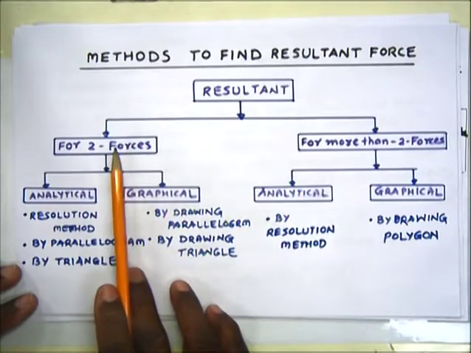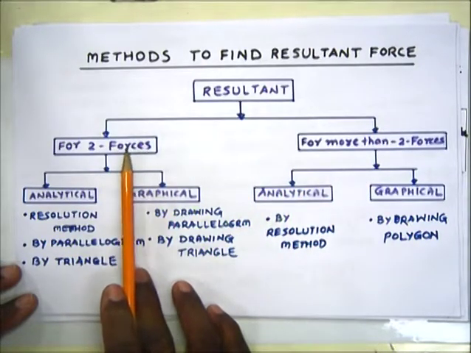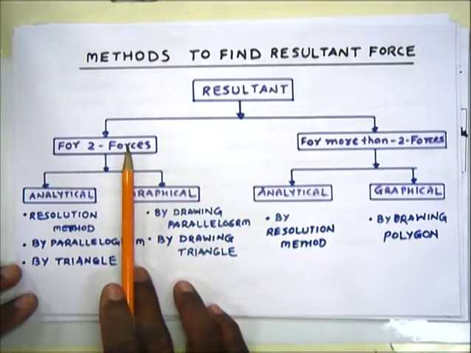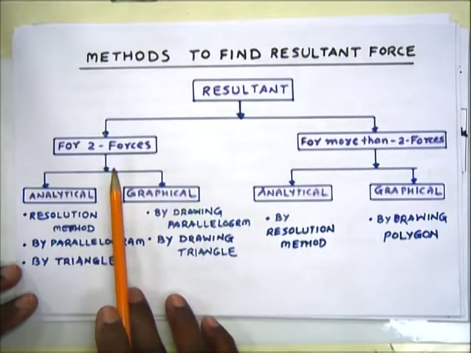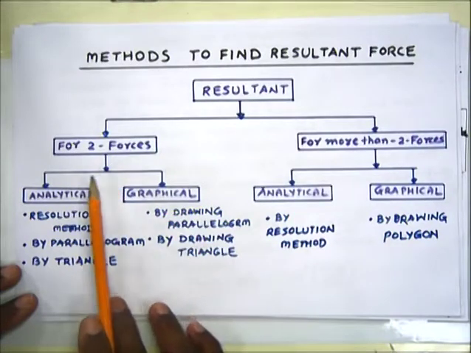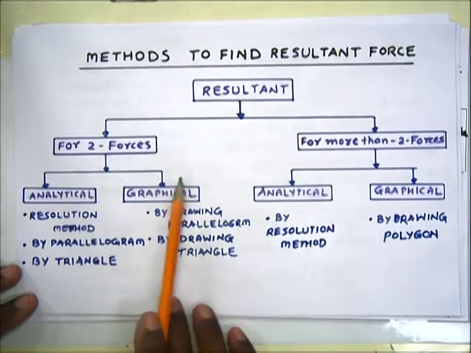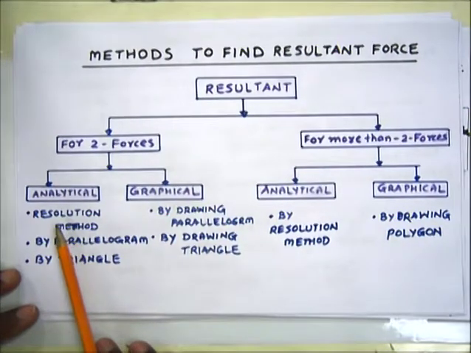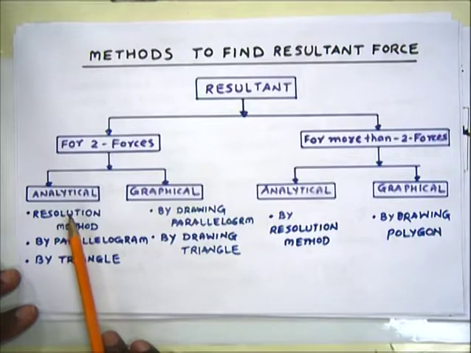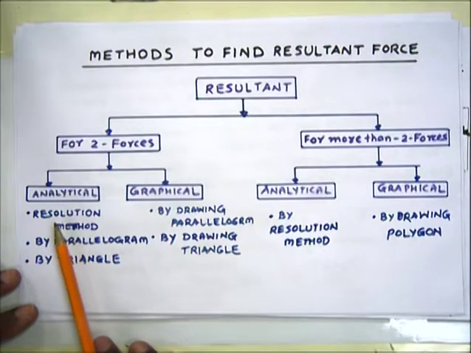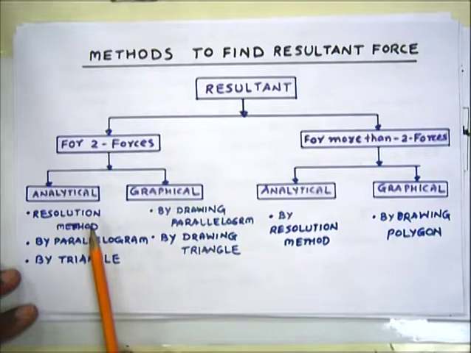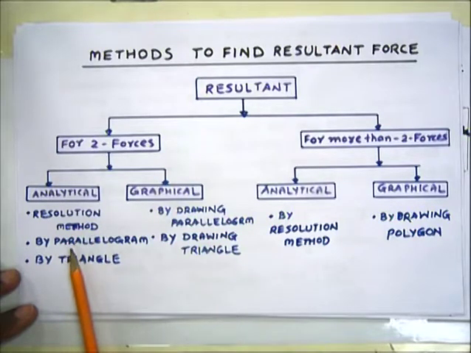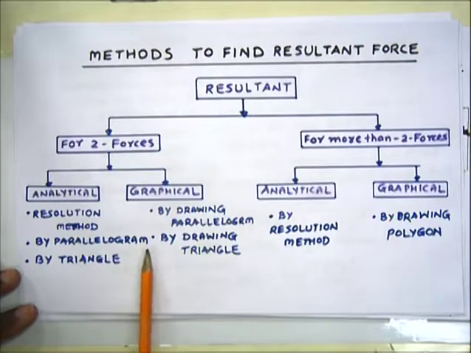If two concurrent forces are given, we can solve the problem of finding the resultant force by analytical means and by graphical means. By analytical means, we can find the resultant force by the resolution method that we discussed just now, and also by the parallelogram law, and also by the triangle law.